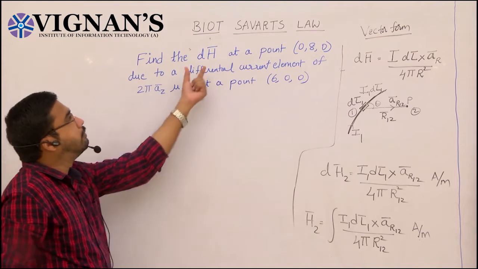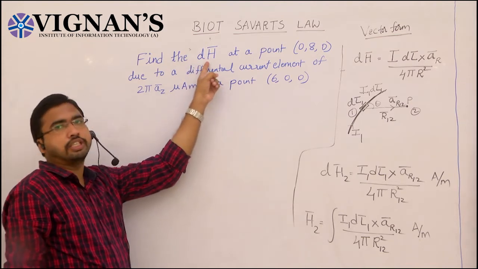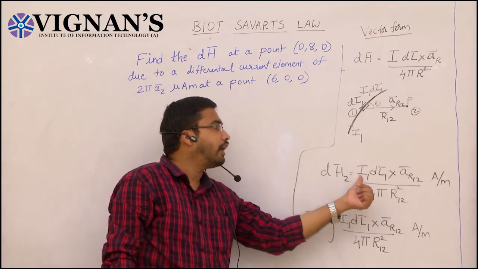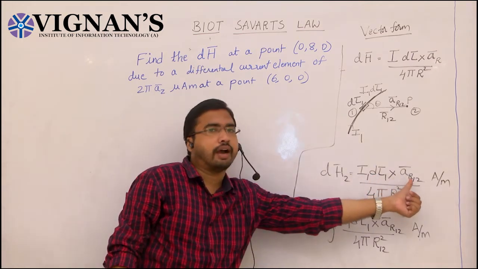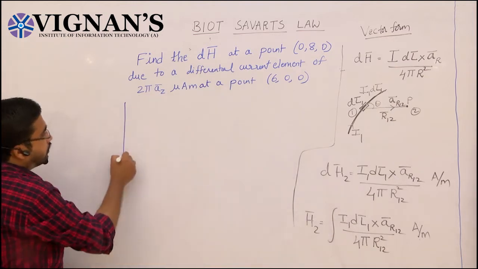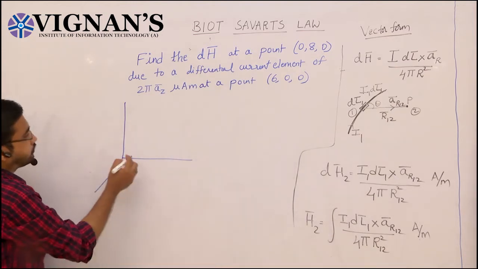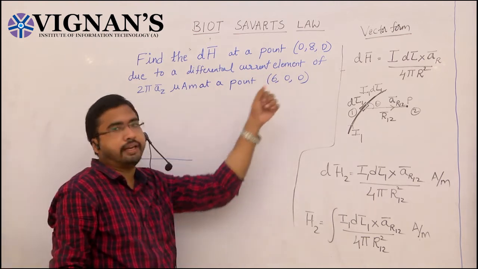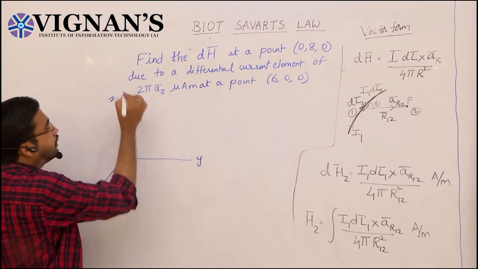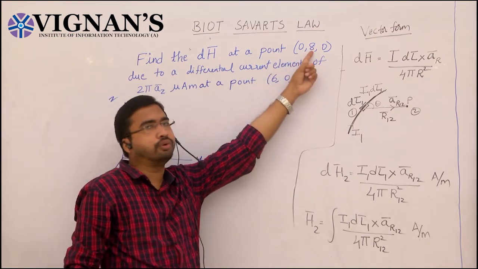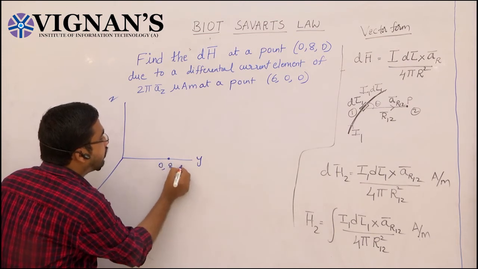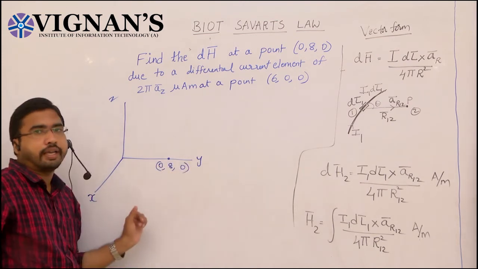Now simply, what is the formula for differential magnetic field intensity in vector form? dH is equal to I1 dl1 cross ar12 by 4 pi r12 square. So let us draw that in a graph form. Where is the point 0, 8, 0? This is X, Y, Z. Now this is a point purely on the Y axis.